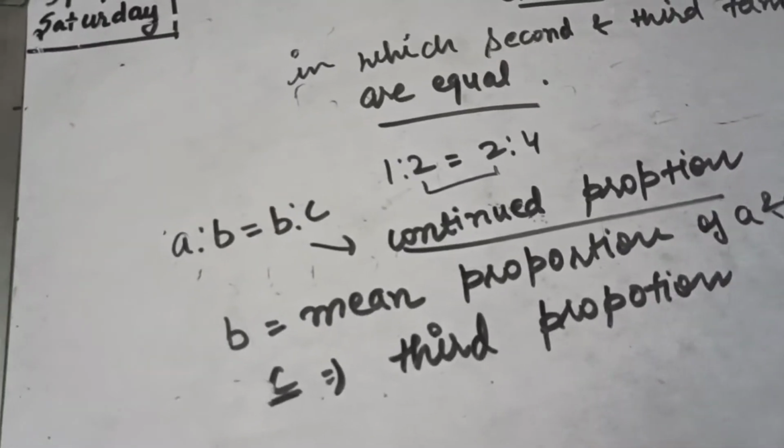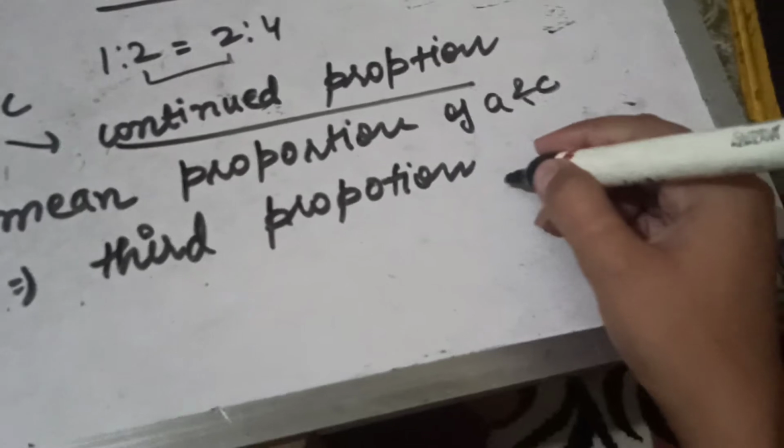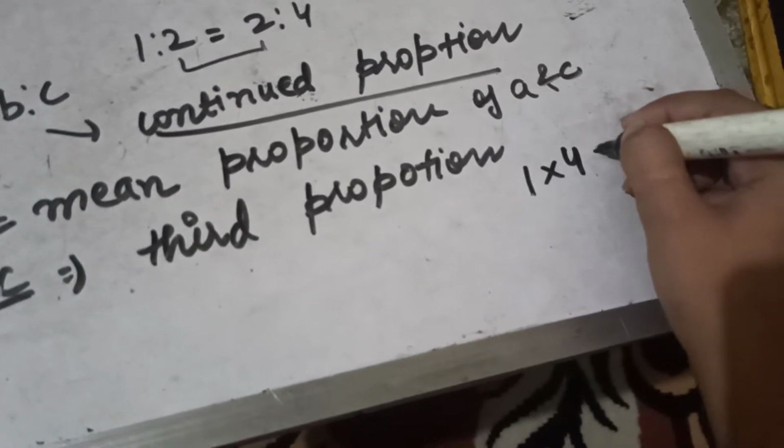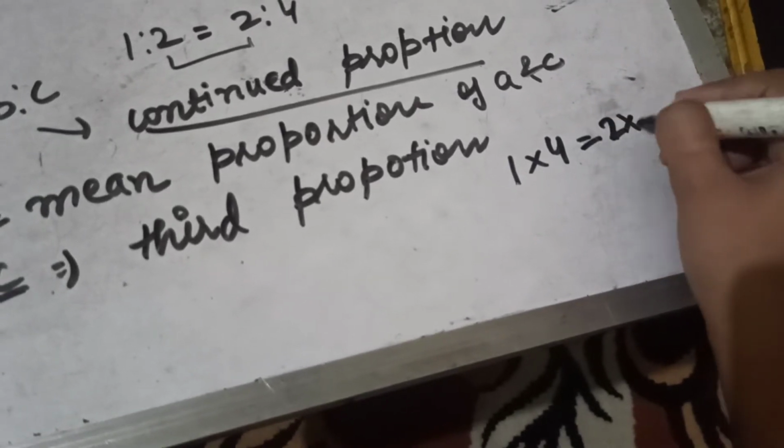After this, in the proportion topic, we have done that product of extremes equals product of middle terms or means.